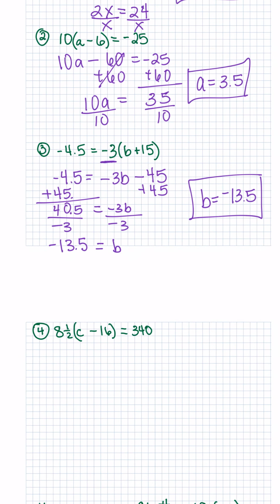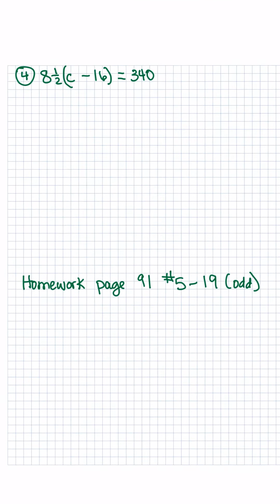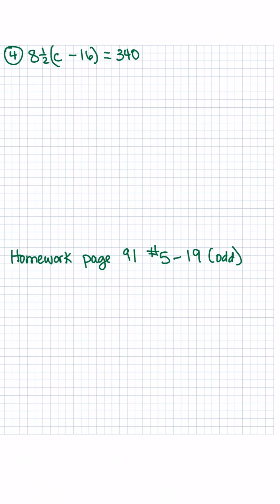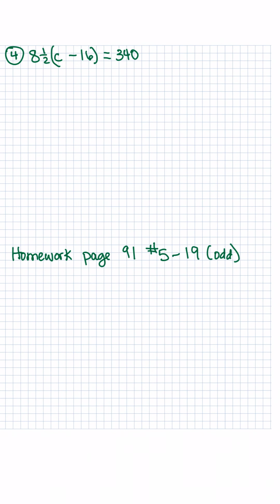Okay, let's go ahead and work this one out together. Okay, so when we have a fraction in here, we're going to do the same thing. So 8.5 times C, and then 8.5 times 16 equals 340.